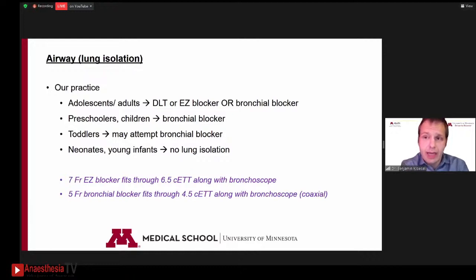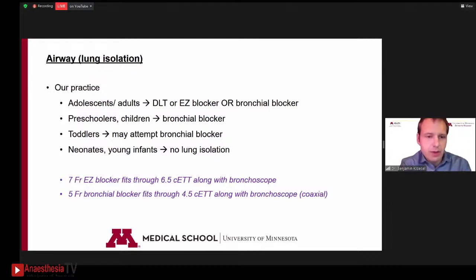And so a lot of times you spend a lot of time troubleshooting those lung isolation methods, and you add significant amount of time to the overall anesthetic. And sometimes it's really almost impossible, especially in smaller kids, if you have very small bronchi, that you can actually fit the endotracheal tube down.